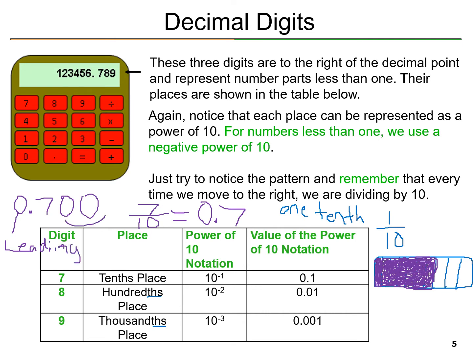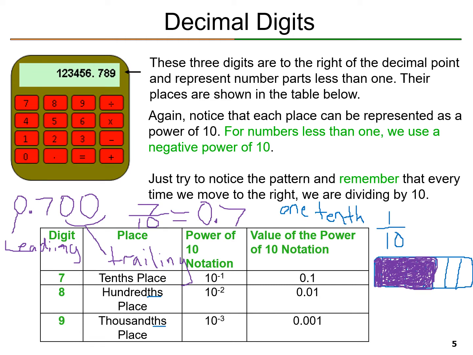And these are trailing zeros. None of them contribute to increasing the value of this number here. So 0.700 is equal to 0.7. We may want to write it as 0.700 when we're doing comparisons.